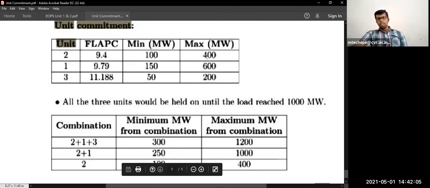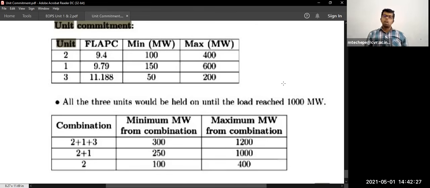Similarly 600 plus 400, 1000, is satisfying. 600 plus 200, 800, and 200 plus 400, 600, also satisfy. So we are going for the maximum combination. Minimum, whatever it may be, is not our problem, but maximum is our problem.